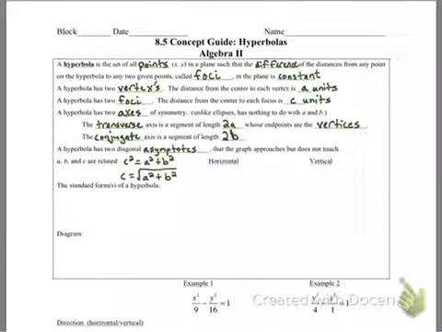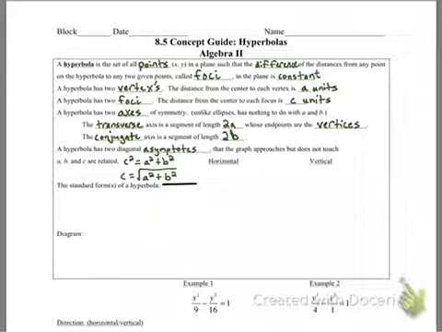The asymptotes are what give us the shape of our hyperbolas, how big, wide, or skinny they are. Then A, B, and C are related. C squared equals A squared plus B squared, or C equals the square root of A squared plus B squared. All right, C is for the foci. Again, we are not doing foci, so don't worry about that.